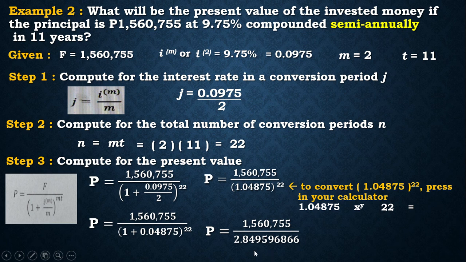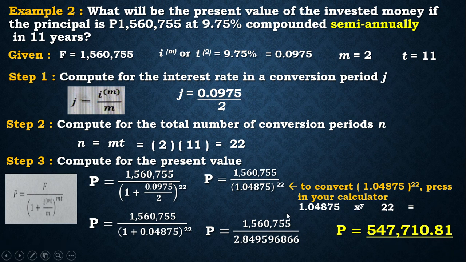Ang susunod na step, i-divide po natin ang 1,560,755 divided by 2.849596866 para makuha po ang present value P. At ang nangyari, dinivide po natin, ito po ang lumabas: 547,710.81. Again, paano po nakuha ito?